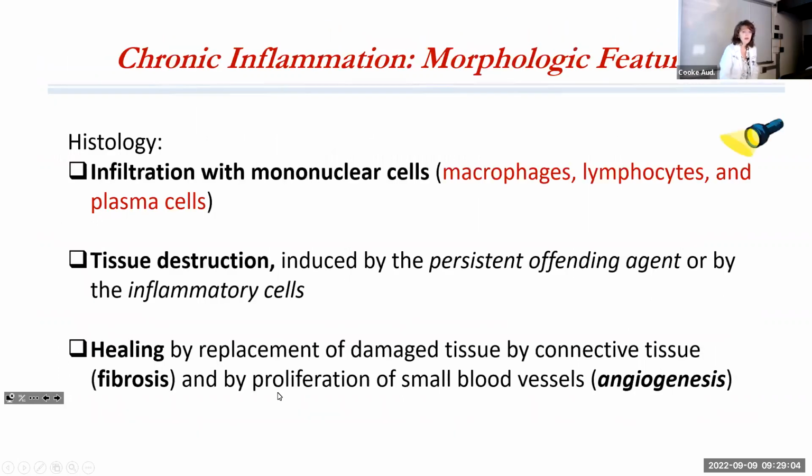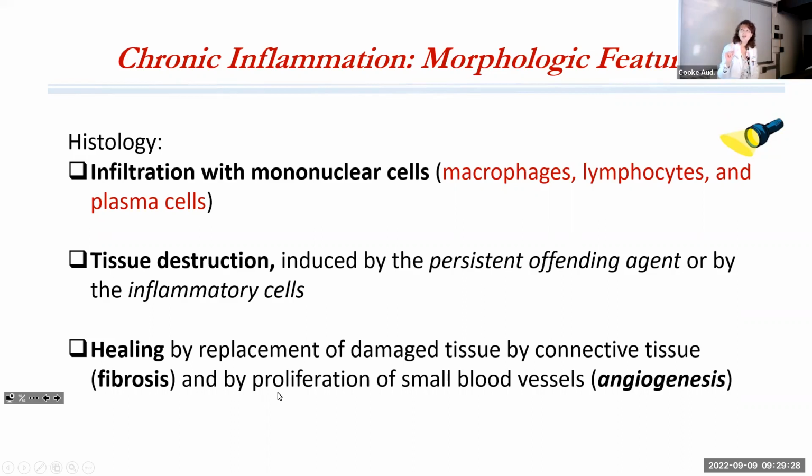Now, morphologic features of chronic inflammation, what do you see when you're looking at a slide taken from a tissue with chronic inflammation? First of all, we're going to talk about cells. You will see inflammation with mononuclear cells, macrophages, lymphocytes, and plasma cells, as opposed to neutrophils, which is what you see in an acute inflammation.